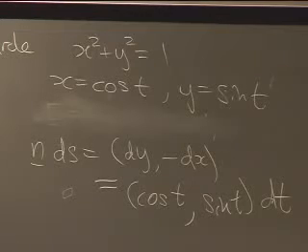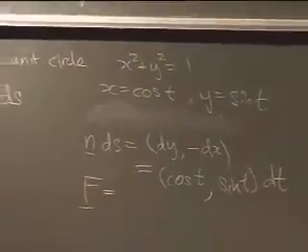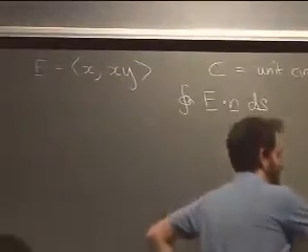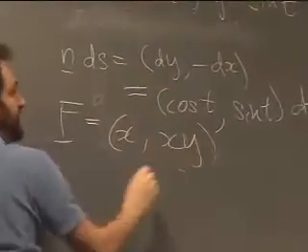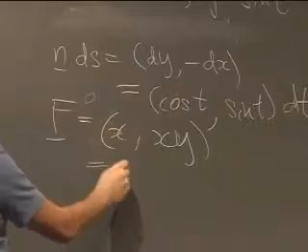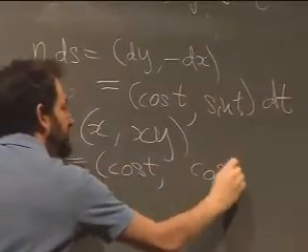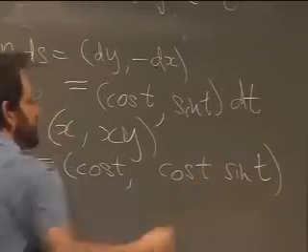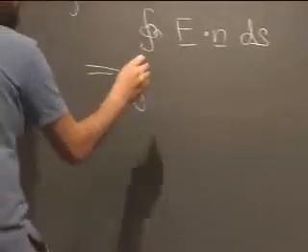On the other hand, you've got to be careful about f. What's f? Well, f is x comma xy. I'll write it up as x comma xy, and x is cosine t, while xy is cosine t sine t. So this integral becomes as follows.